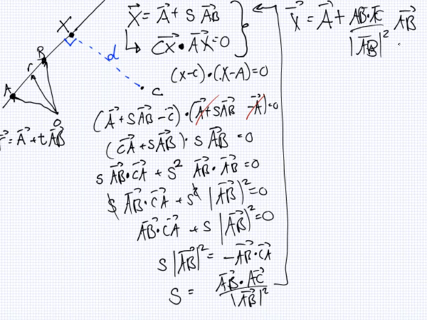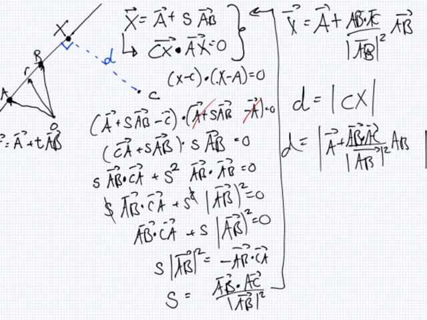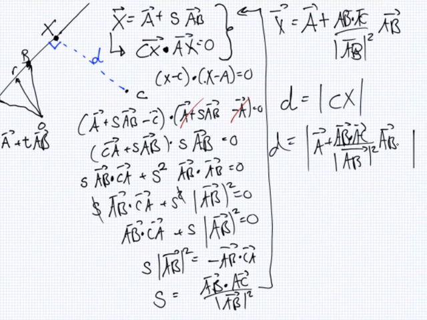Now that I know X, I can finally say D is the magnitude of CX, which is the magnitude of X minus C, which means D is the magnitude of this. Oh my goodness, sorry, this is crammed in. Minus C.